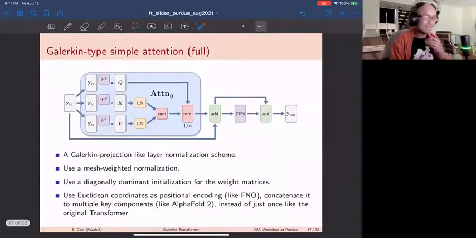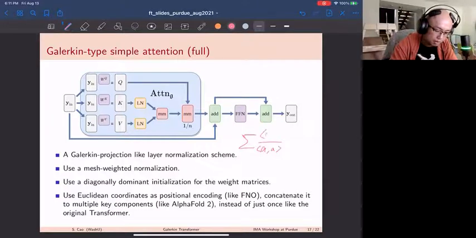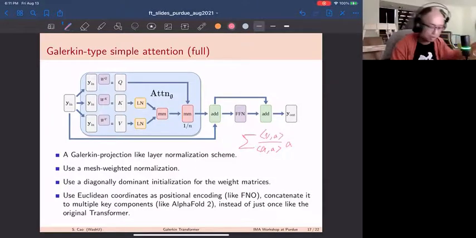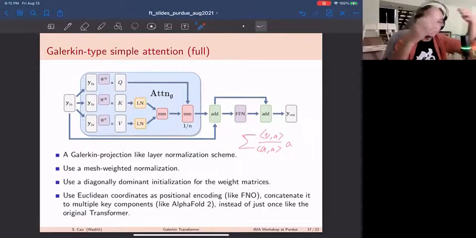However, it doesn't quite work in practice, so we tweaked a few components. The first one is we changed the layer normalization scheme. So we rework the layer normalization so that it's something like this, for example. I believe every one of us has seen this. This is nothing but, for example, Gram-Schmidt. The Gram-Schmidt divides by the norm square. So it's very much like a layer normalization. We have to divide by something.